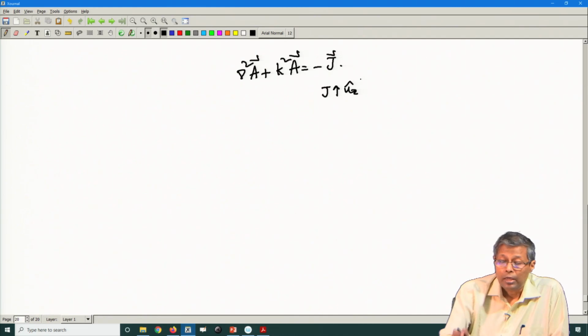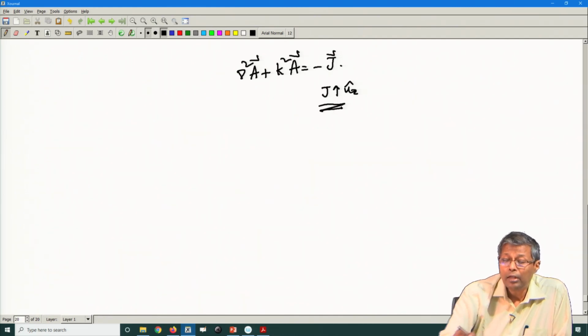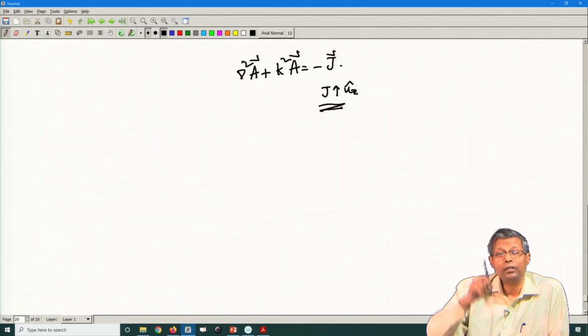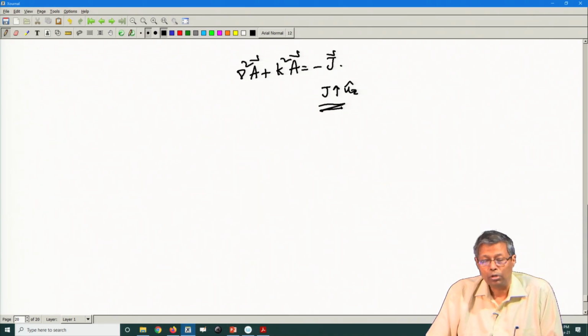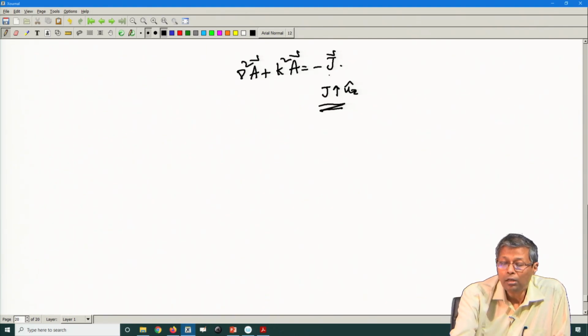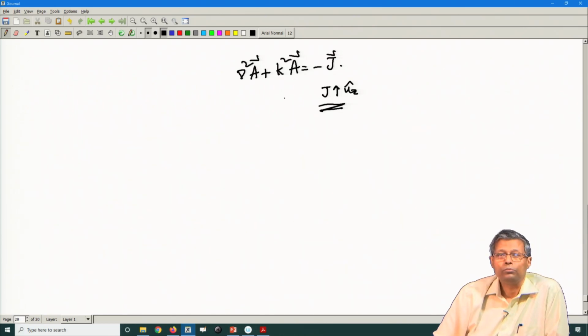So, I repeat this, if J is oriented in a particular way, if J is Z directed, it will generate a particular nature of field, let us say a transverse magnetic to Z mode. So, a particular mode. So, therefore, the orientation of A, which is reflecting the orientation of J, will generate a particular mode.